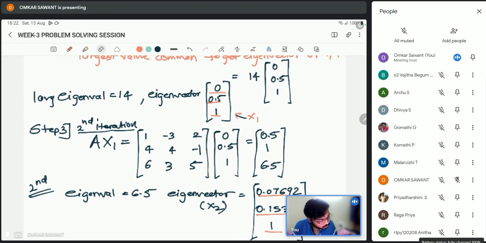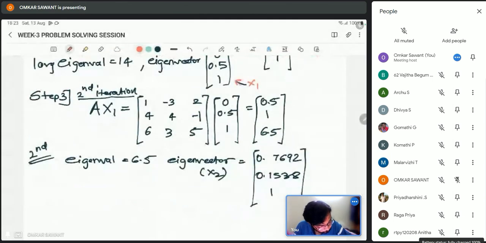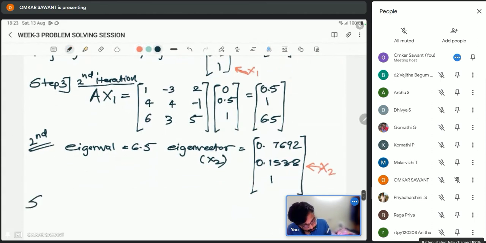We have to reduce the error to some 10 raised to minus 3. There will never be absolute zero. So this is your x2. Calculate for the third iteration.